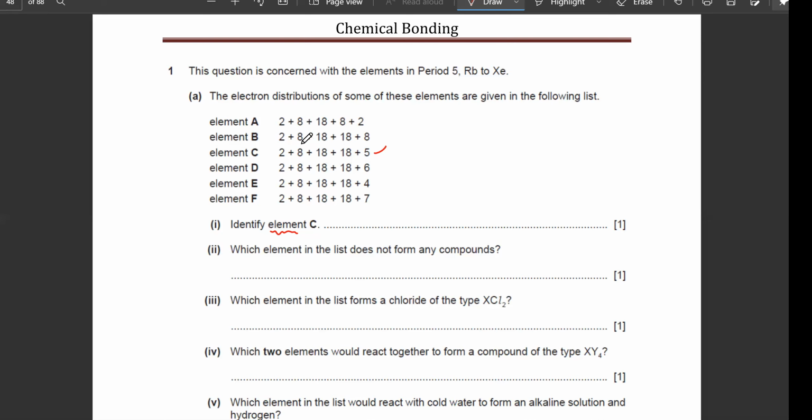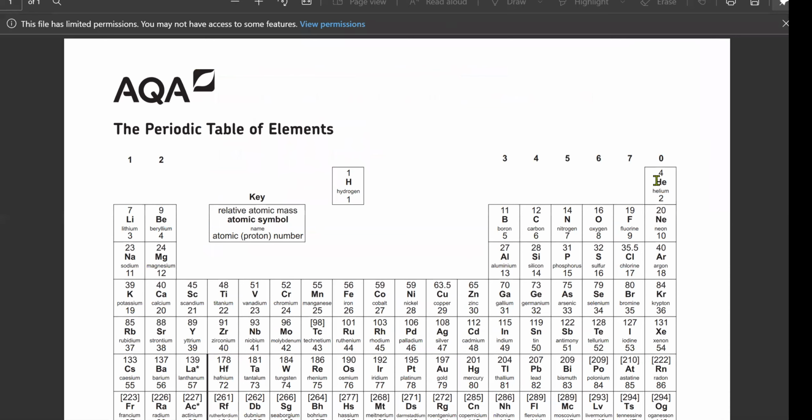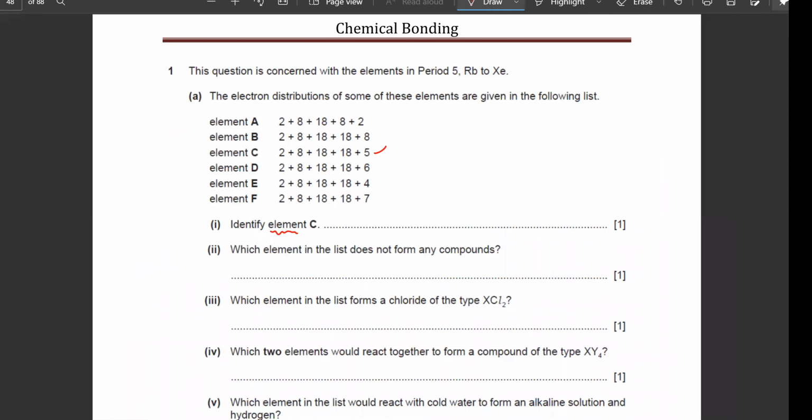Period is the number of shells, so that's 1, 2, 3, 4, and 5 shells. So it's in period 5 and also in group 5. So this is period 1, period 2, period 3, period 4, period 5, and it's in group 5 as well. So it's antimony, which is Sb. That's one way of identifying. So this one is antimony.